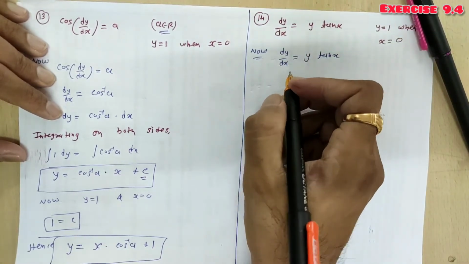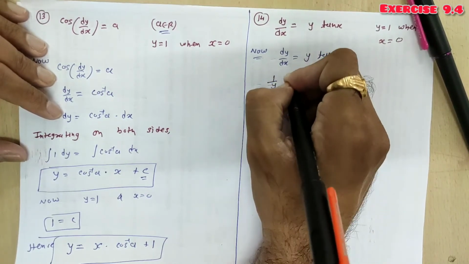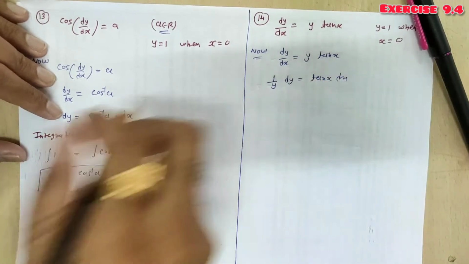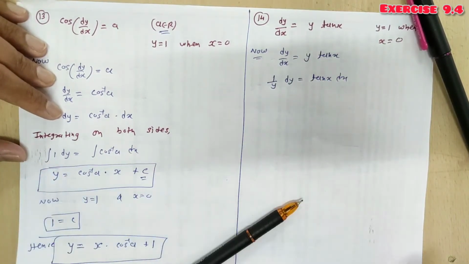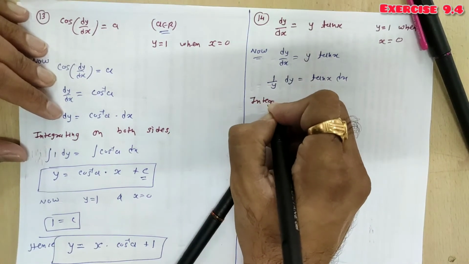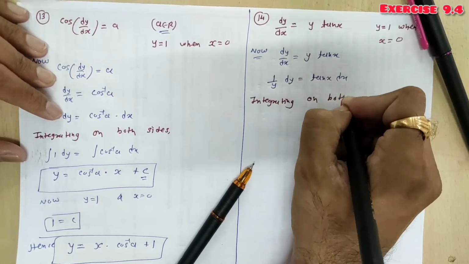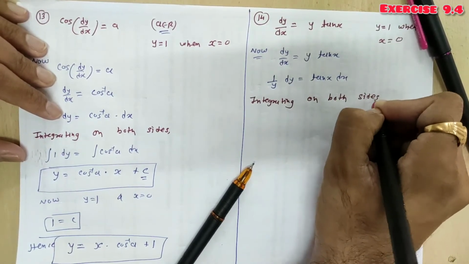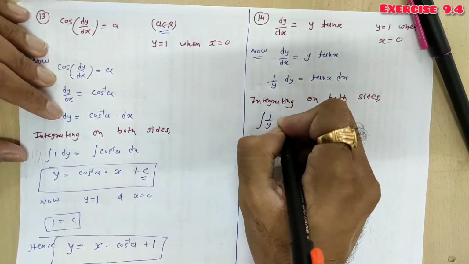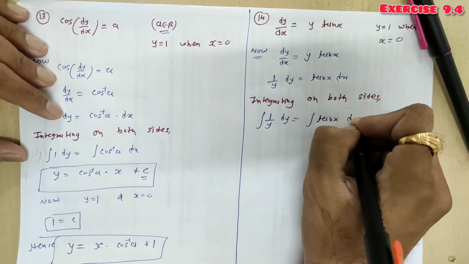First variable separation. So it will be 1 upon y dy equal to tan x dx. Done. Now integrating on both sides, the integration of 1 upon y dy equal to the integration of tan x dx.